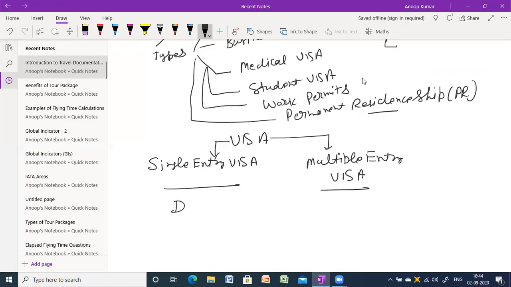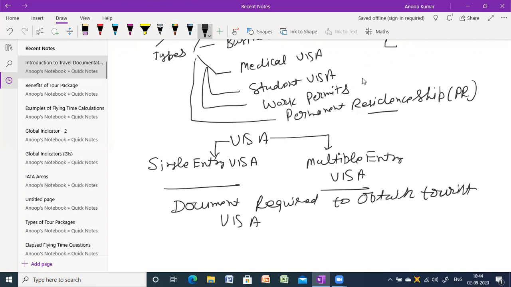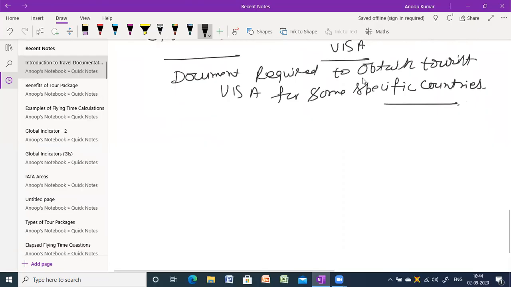Then we will study about the documents required to obtain a tourist visa for some specific countries. It is not possible to cover all the around 210 countries in the entire syllabus, but we will study some of the visa requirements for some specific countries. So we will study all these things under the visa section.